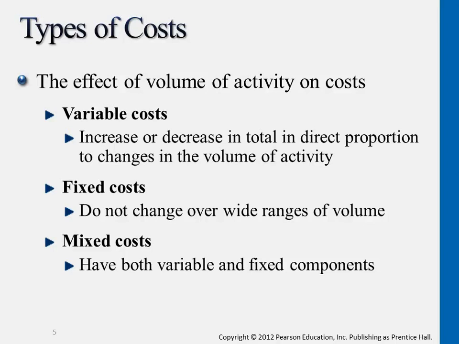If you have a truck that delivers the goods, of course the heavier the goods are, perhaps the more cost incurred. Or the longer the distance between the company and the client's place, the more cost is incurred for delivery. So variable cost is the type of cost that increases or decreases in proportion, and it's related to a certain type of activity that happens in the business.